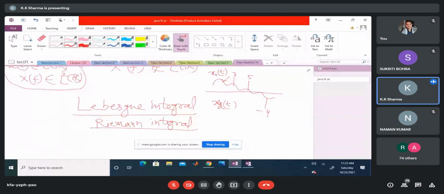So in this figure, I am showing two signals: x1(t), which was shown earlier, and now another signal, x2(t), which is identical with x1(t) except at 3 locations, where the value of x2(t) is 3, 5 and -4.